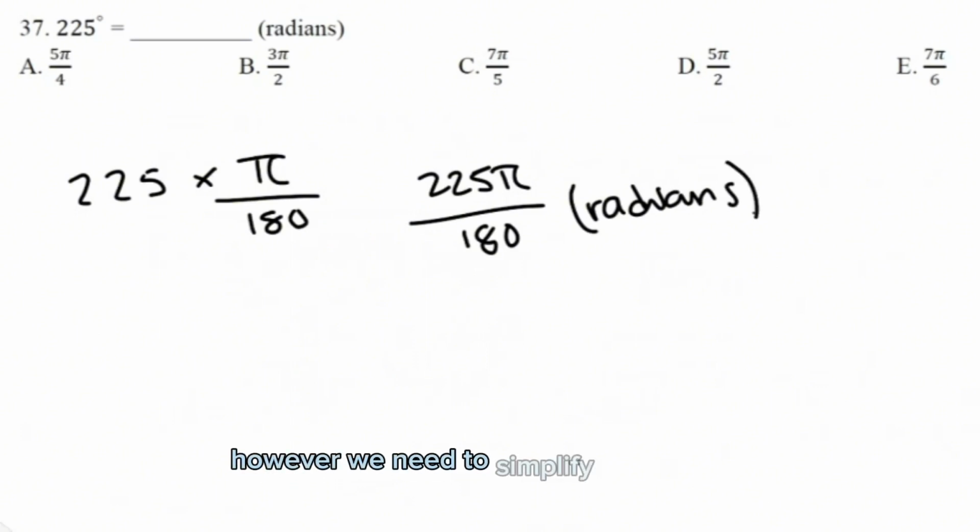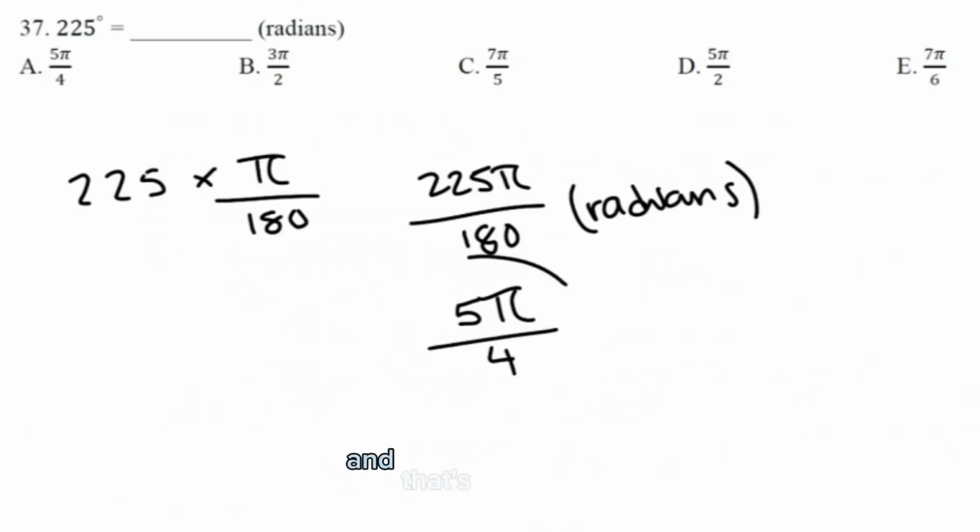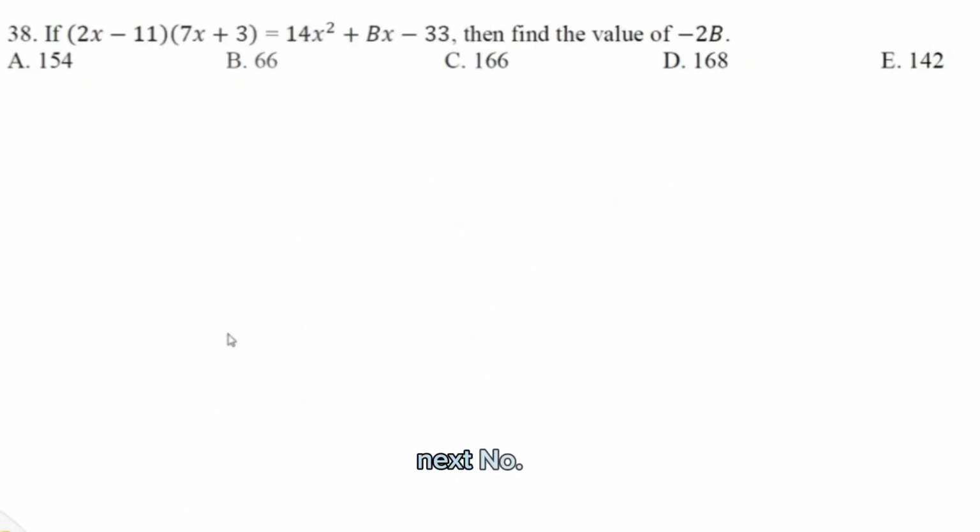However, we need to simplify this fraction. 225 and 180 are both divisible by 45, because 45 times 5 is 225 and 45 times 4 is 180. So if we divide 45 from both of these numbers, it becomes 5 pi over 4. And that's your answer.